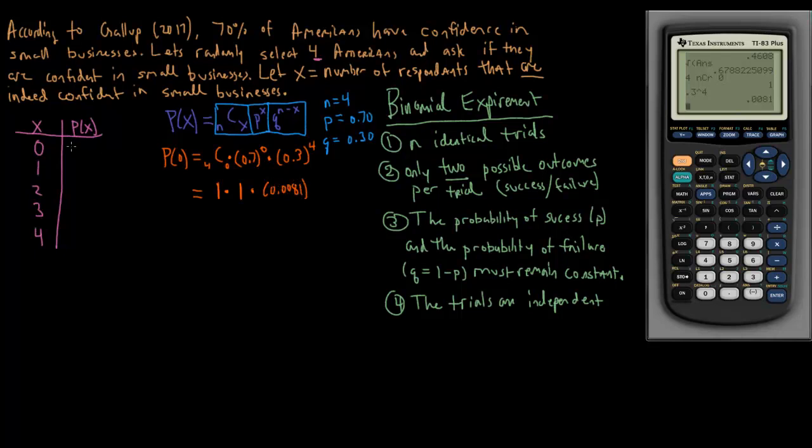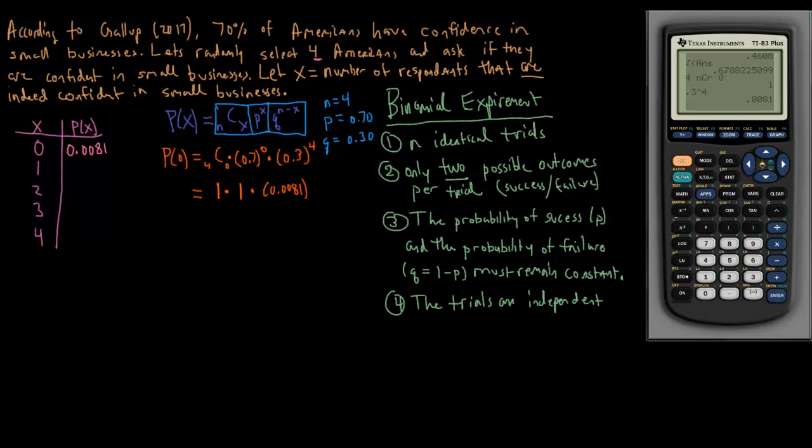So that tells me that the probability of nobody being confident in small business is pretty small. It's 0.0081. Because 1 times 1 times 0.0081 is just, of course, 0.0081.